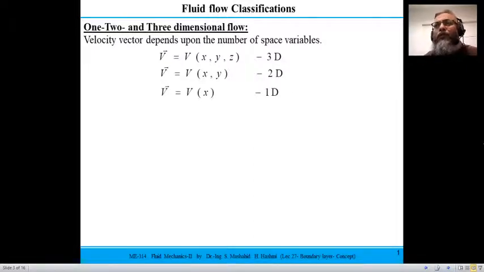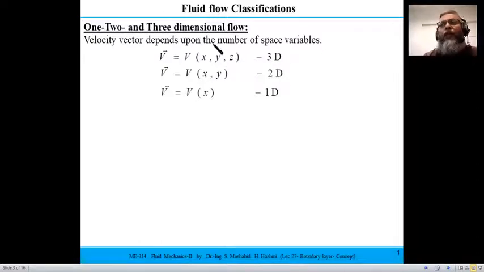I have put the variables in terms of the Cartesian coordinate system. You can use r, theta, and z in cylindrical coordinates as well as in spherical coordinates. When the knowledge of the velocity vector requires three space variables, then the problem is a three-dimensional problem.